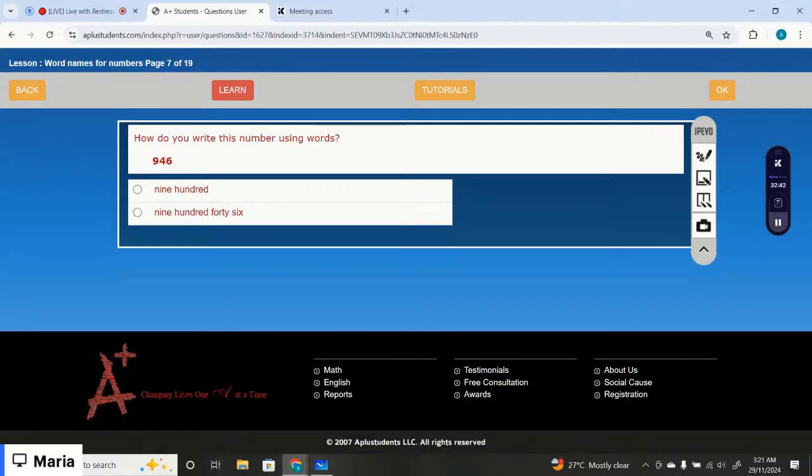The correct option is 946. Option number 2 is the correct option. Okay, you can complete the lesson by yourself later today. Let me just move on to next lesson.